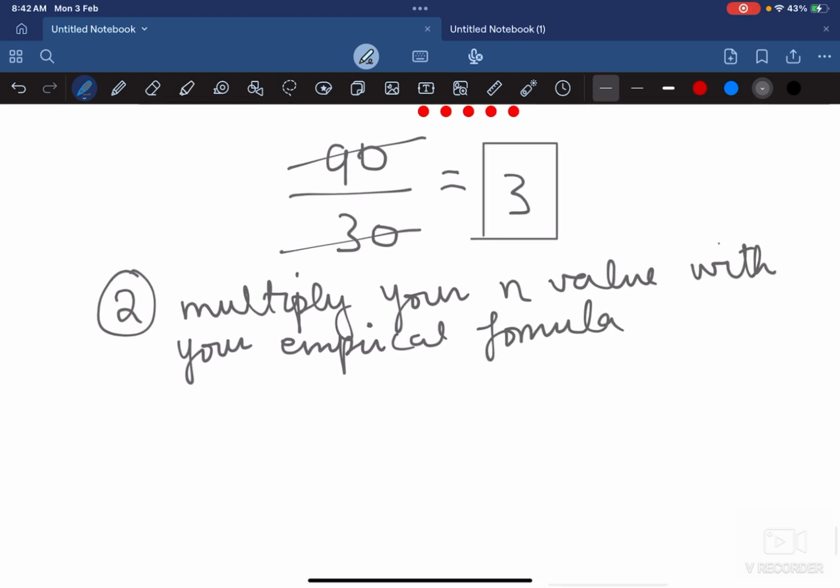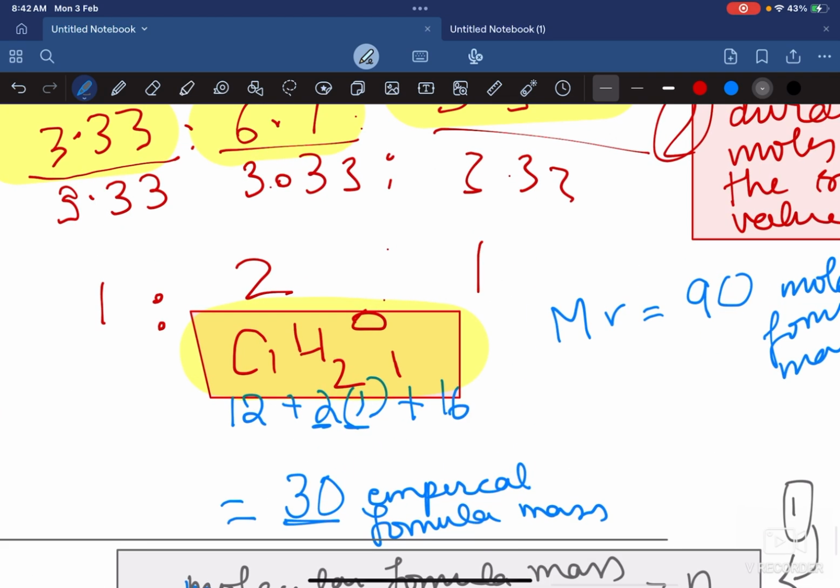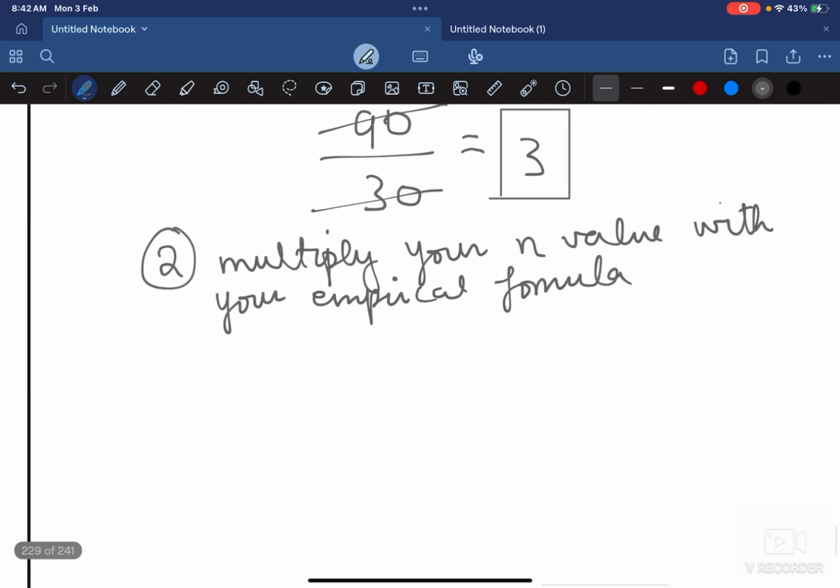What was your empirical formula? देखें, ये हमने empirical formula ये निकाला था ना, C1H2O1. ठीक है, C1H2 and O1. Now what does it mean to multiply your n with it?